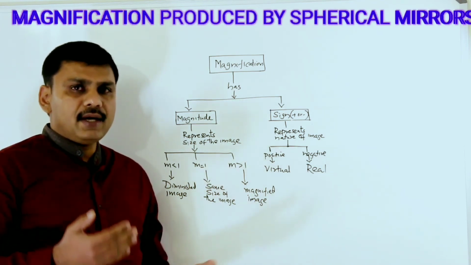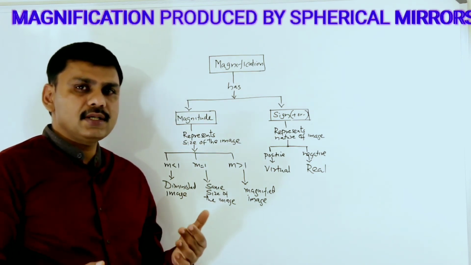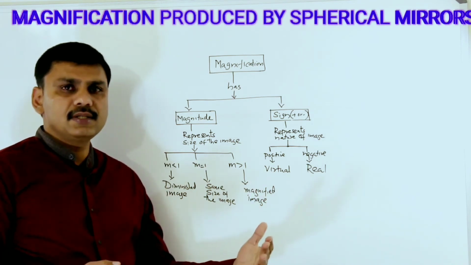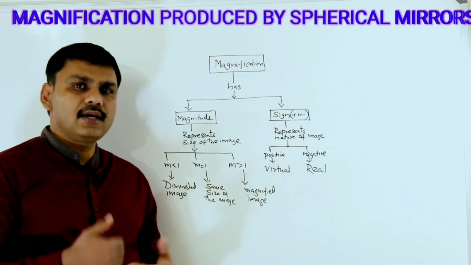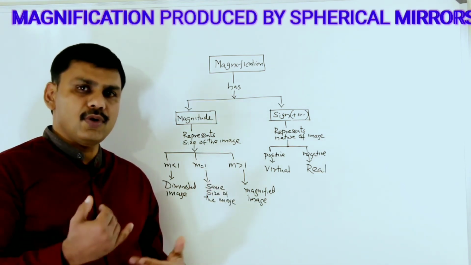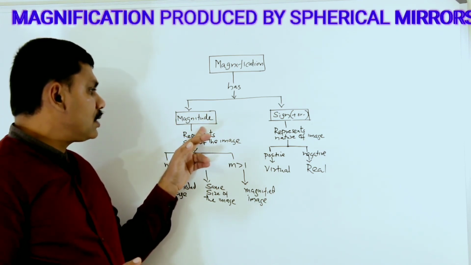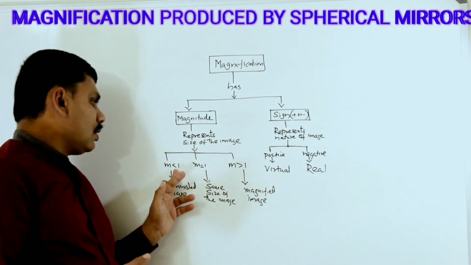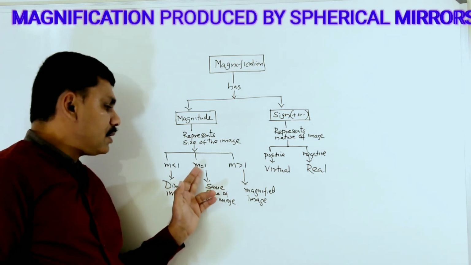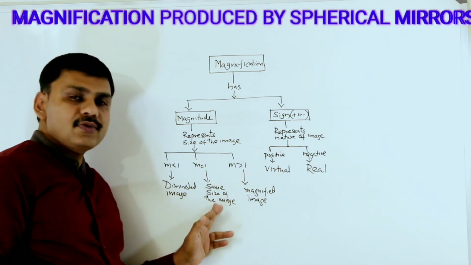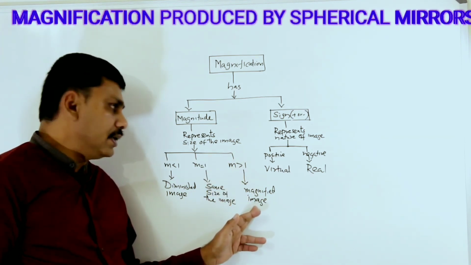You know that magnification tells about the nature of the image and the size of the image. Nature of the image can be real or virtual. Size of the image can be larger, equal or smaller. The magnitude of the magnification: if it is less than 1, the image is diminished; if equal to 1, the image is the same size; if greater than 1, it is a magnified image.